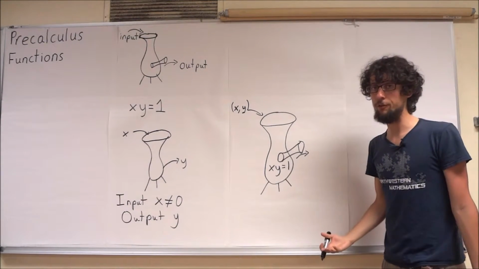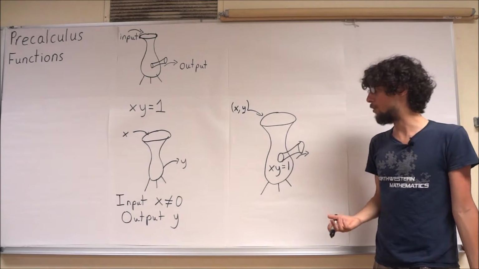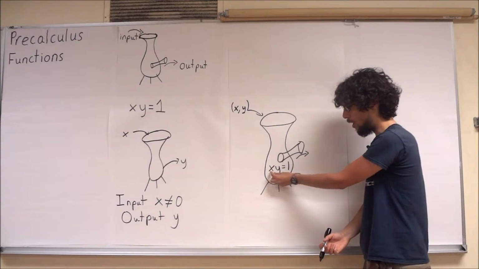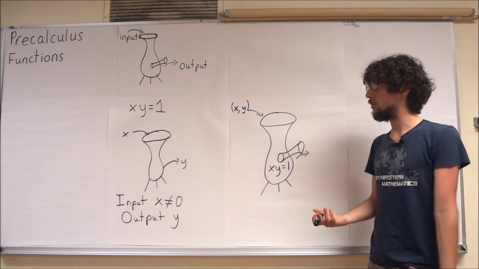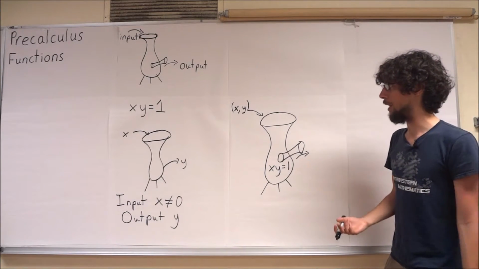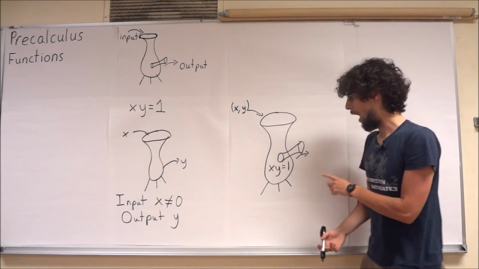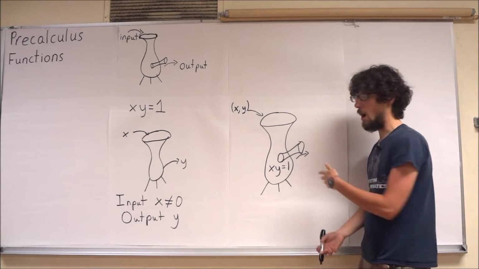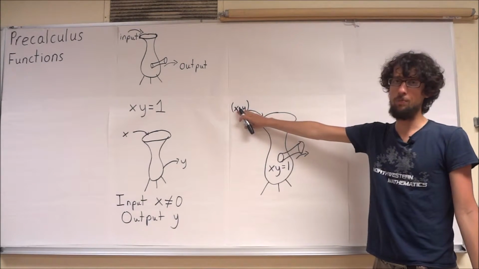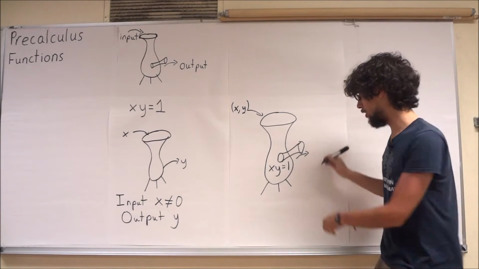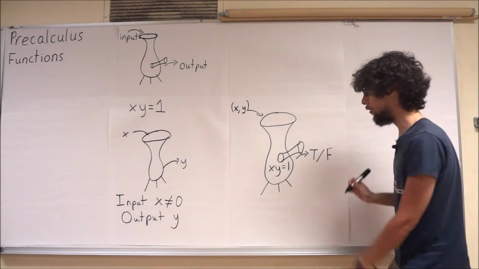So if I feed my function the ordered pair (2, 1/2), I get out 1 equals 1, and I get out something true. On the other hand, if I feed it the ordered pair (3, 2), I get out 6 equals 1, and I get out something false. So here, I'm inputting an ordered pair, and I'm outputting either a true or a false.